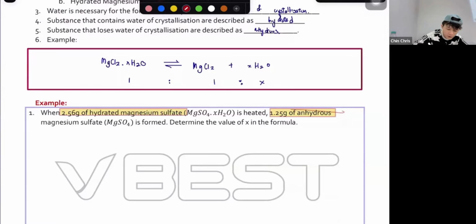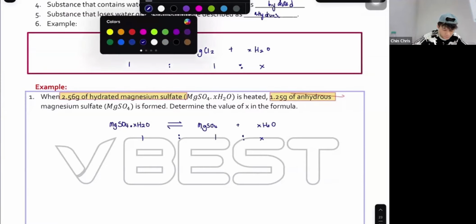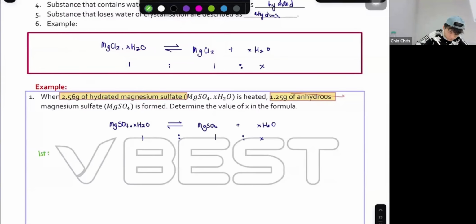All right, guys, again, I can write down the equation first, as you see. 1 to 1 to x. All right, guys, first step, what is my mole of MgSO4? Get me the MgSO4 first.